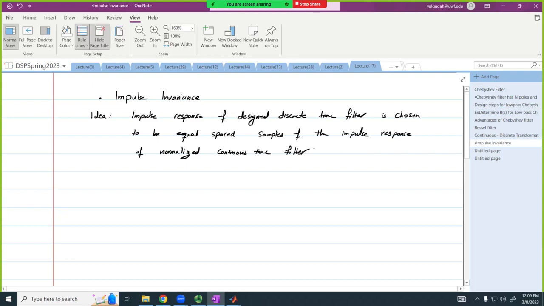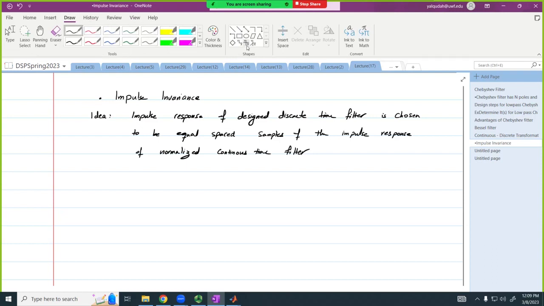What does this mean? So we designed a Butterworth filter. And how did the frequency response look? It looked something like this.